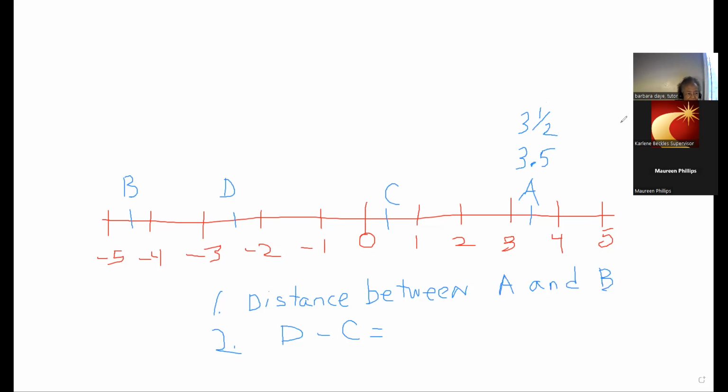Okay. Now what is B? B is minus 5.5? No, B is between a -4 and a -5.